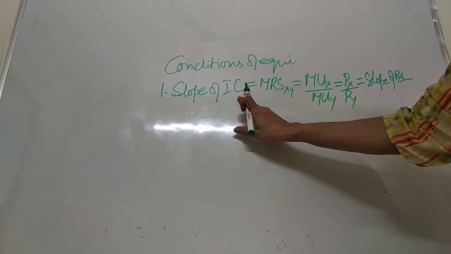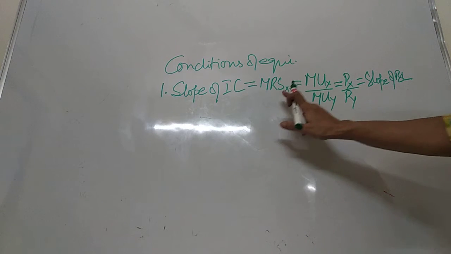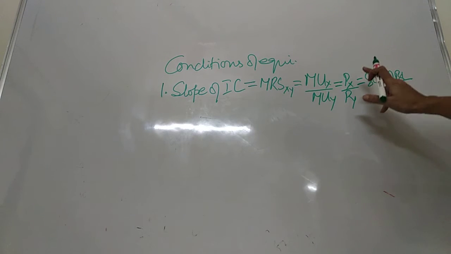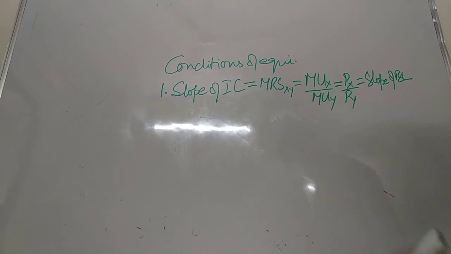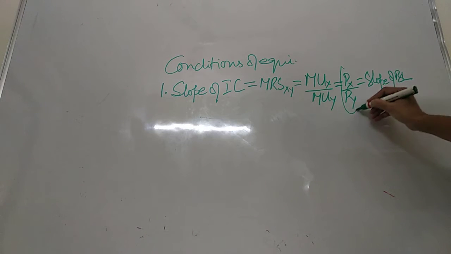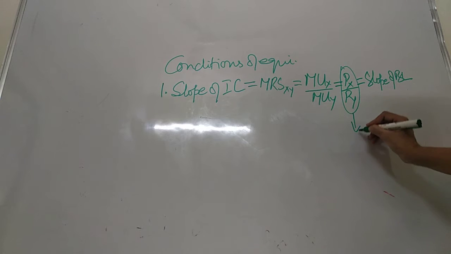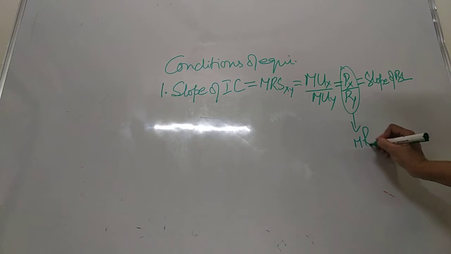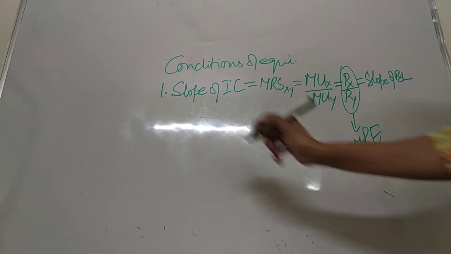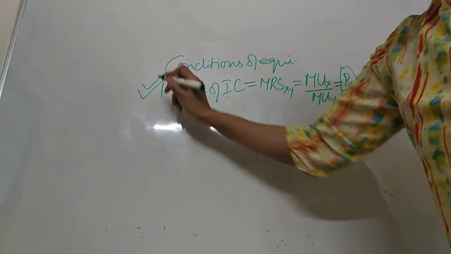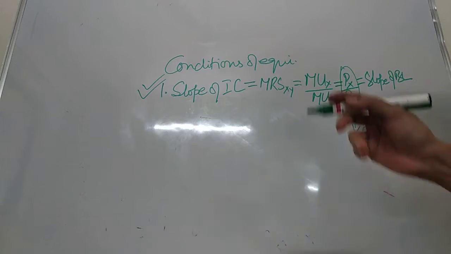So the slope of IC is equal to MRSXY, which is equal to MUX upon MUY, is equal to PX upon PY, is equal to the slope of budget line. Now this PX upon PY we know is the marginal rate of exchange, so you can even incorporate that here. So this is the very first condition that needs to be satisfied.